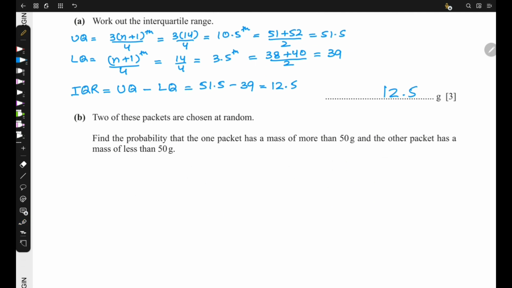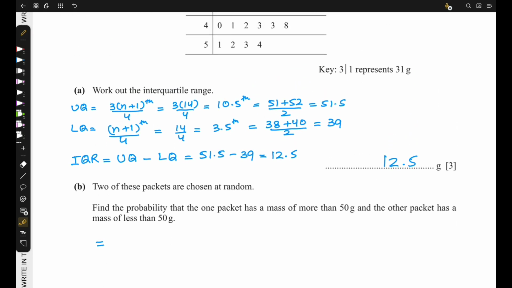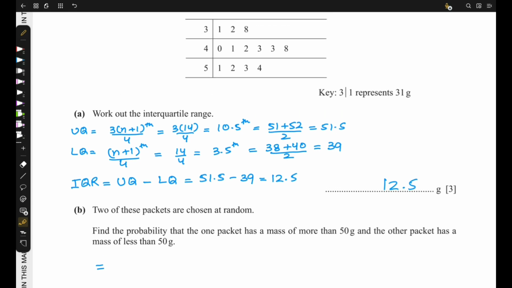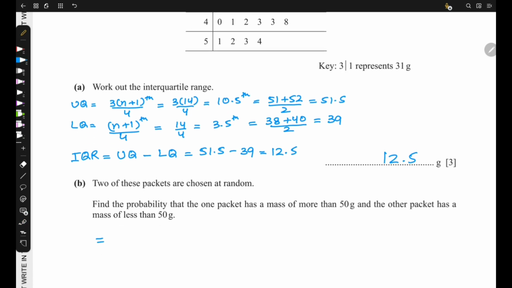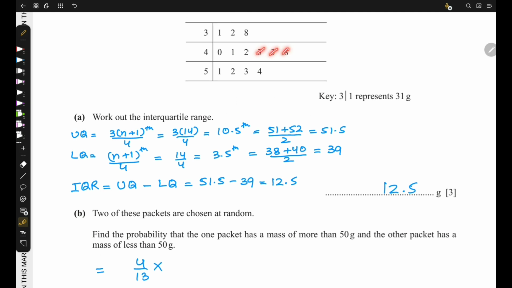So what we have to do is write down the probabilities of each. Let's say the first one is greater than 50 and the second one is less than 50. How many are there that have a mass greater than 50? 1, 2, 3, 4. So the probability would be 4 over 13 times, because we have to pick 2, the second one should be less than 50 grams. So there are 1, 2, 3, 4, 5, 6, 7, 8, 9.